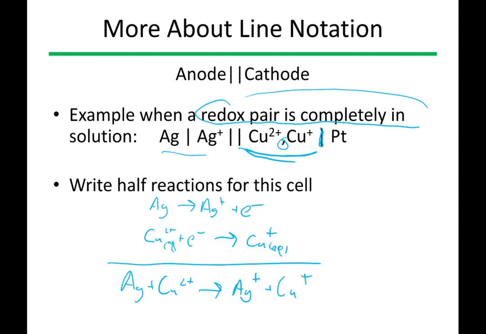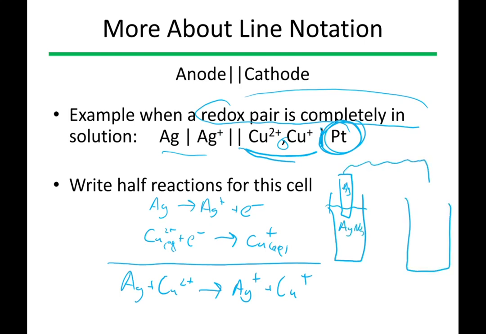So the other question is what is the Pt doing here, this platinum? And this is the electrode for this cell. So if we were to make this cell, at the anode we would have our silver metal sitting in the silver solution and connecting to a wire. And then we have our copper solution. The problem is we have to get from this solid wire into the liquid where the reaction is occurring, and we don't want this reaction reacting with the wire itself.